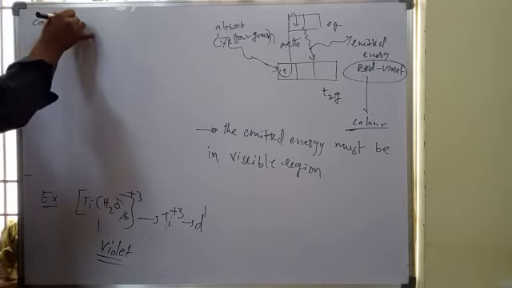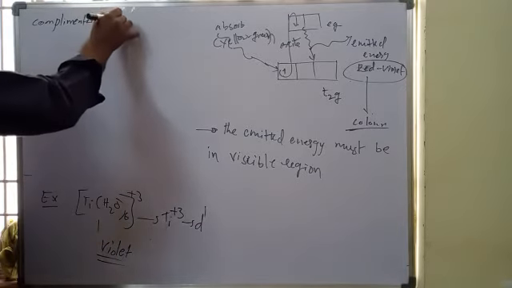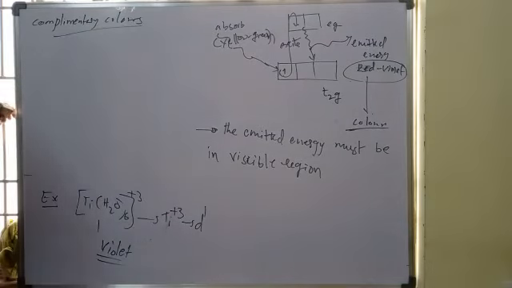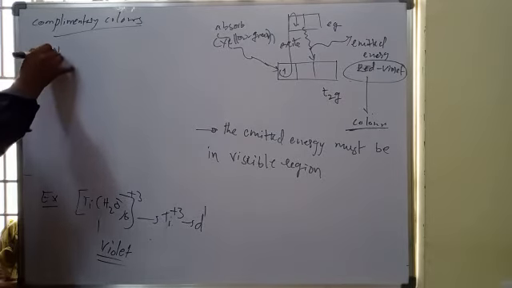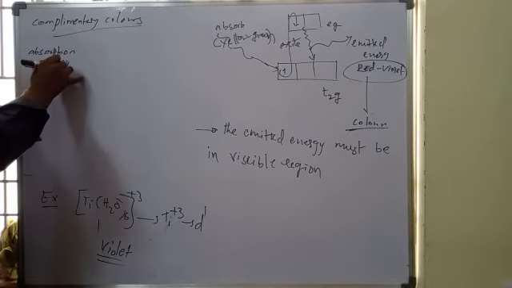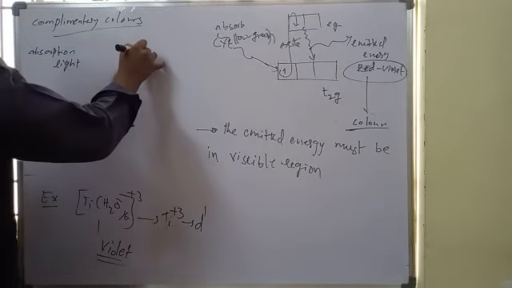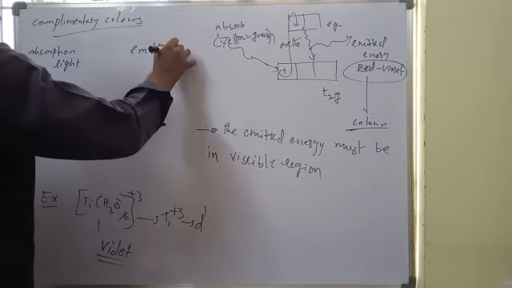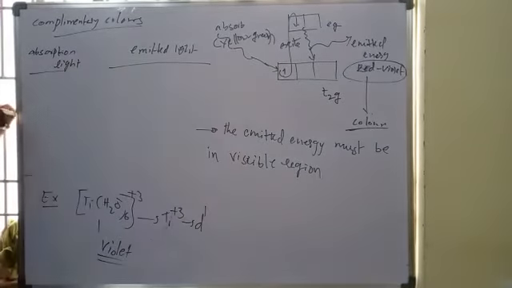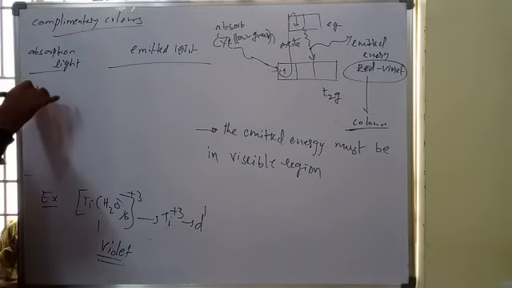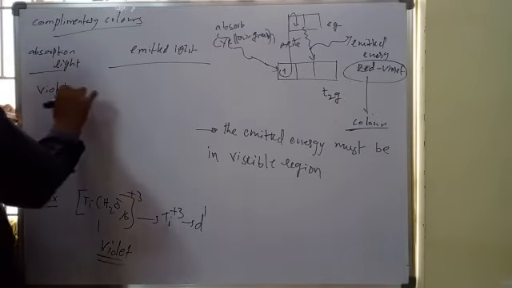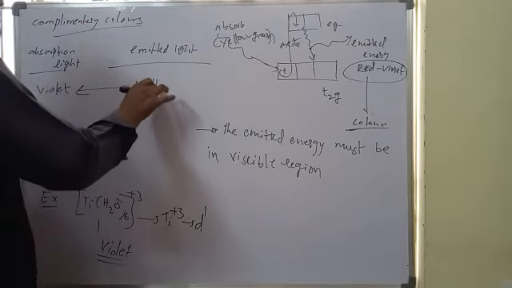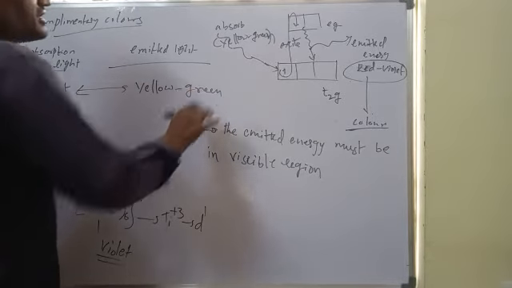Complementary colors mean the color of the absorbed light and the emitted light. If a substance absorbs violet, it appears yellow-green. If it absorbs blue, it appears yellow. If it absorbs green-blue, it shows red.